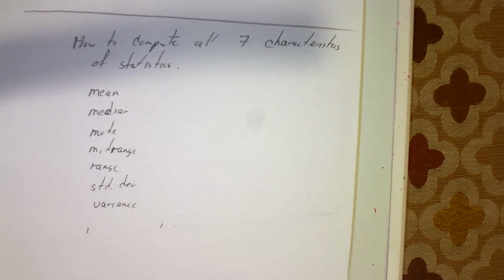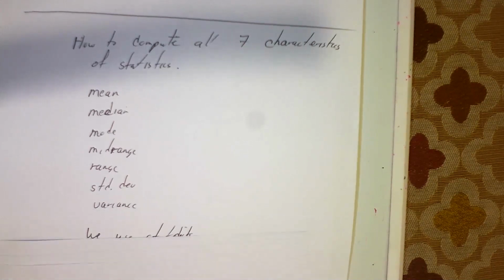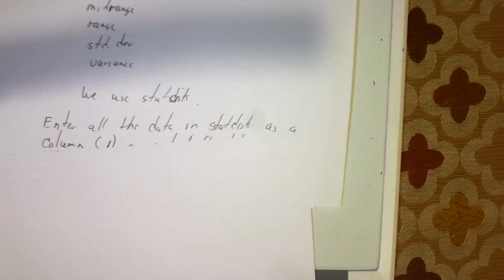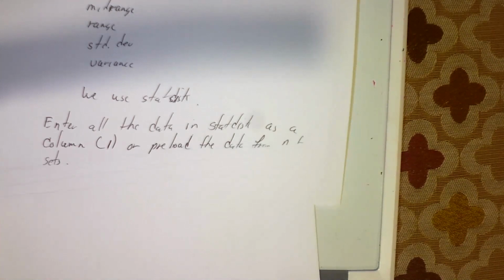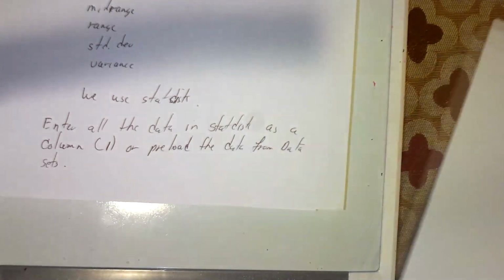So those are the 7 things that we're going to compute. What makes life easy is going to be using StatDisk. When you open up StatDisk, you're going to enter all the data as a column, in column 1, or you're going to preload the data from the data sets. We'll show you how to do that now.